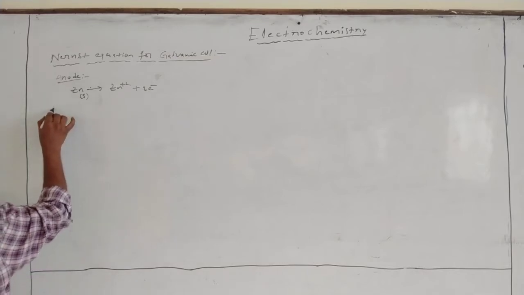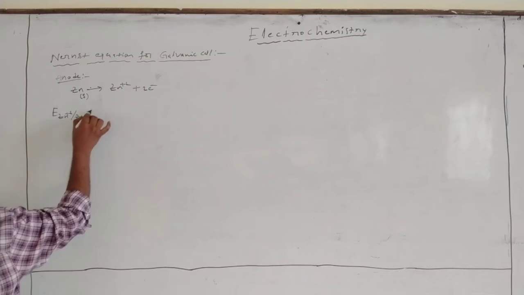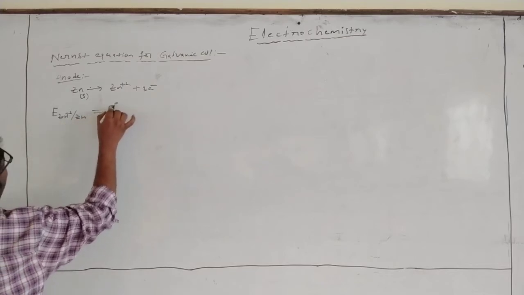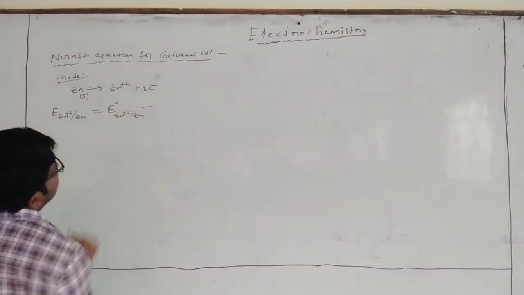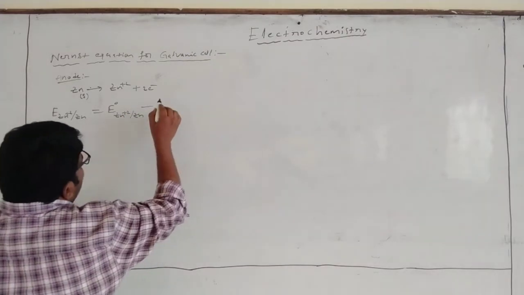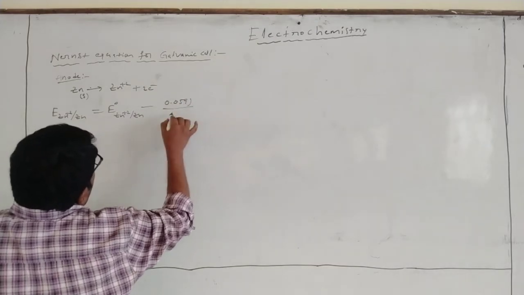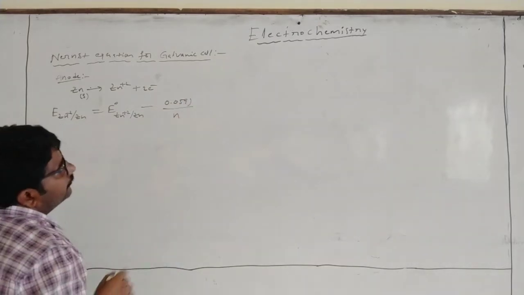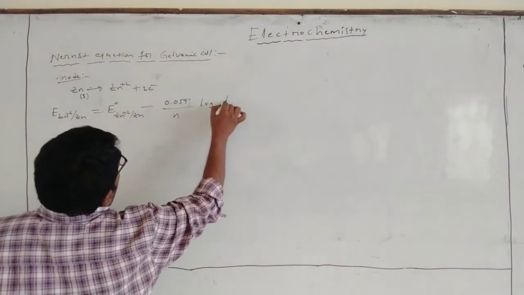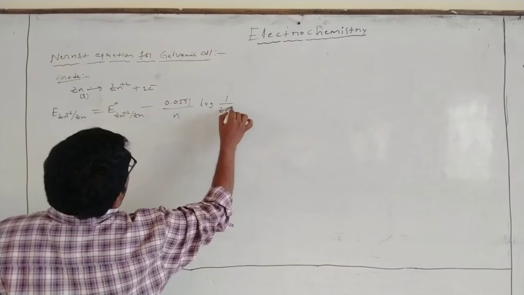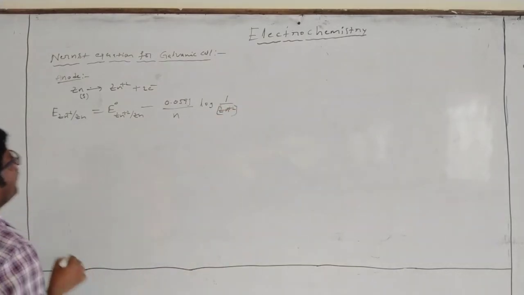For this one, E of the zinc couple is equal to E naught zinc couple minus 0.0591 by n log 1 by Zn plus 2 ion concentration.